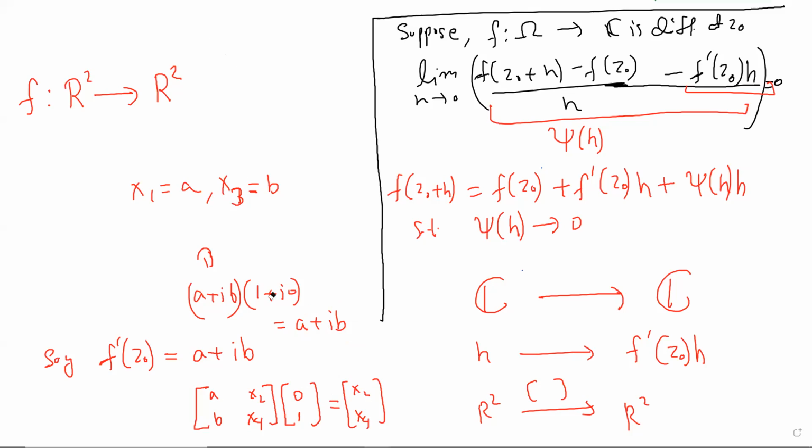So anyone can calculate and tell me what x2, x4 should be. 0 comma 1 means this. Right, minus b plus ai, right? So now I have to be careful. This is my first coordinate, my x2. So it's minus b. So it's not just a matrix, but a very special type of matrix.